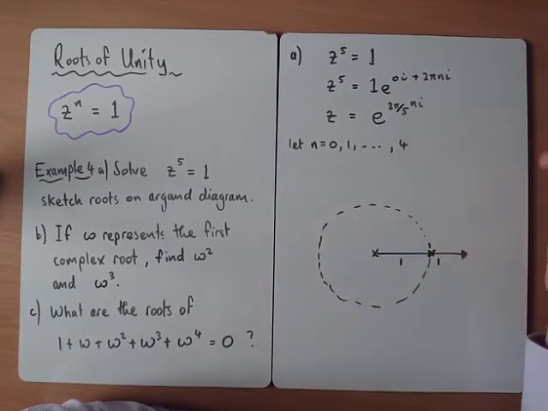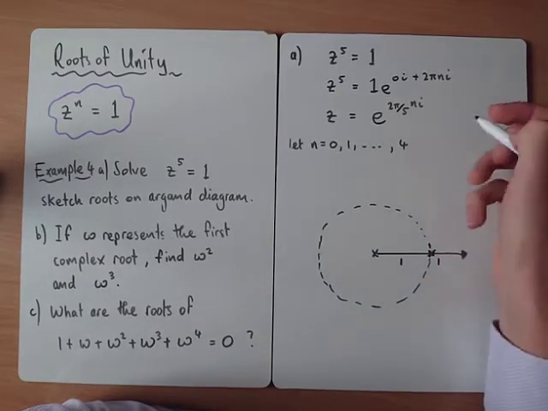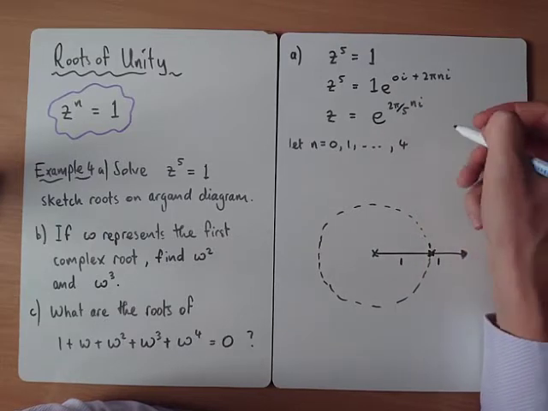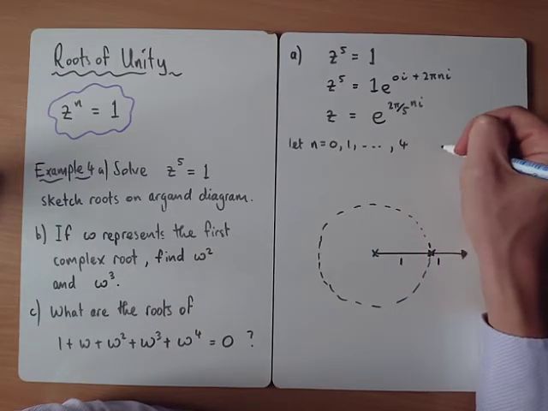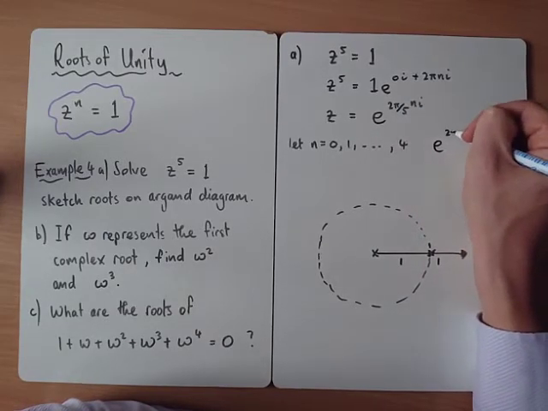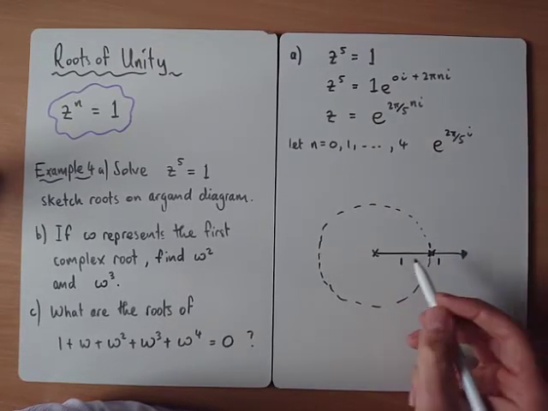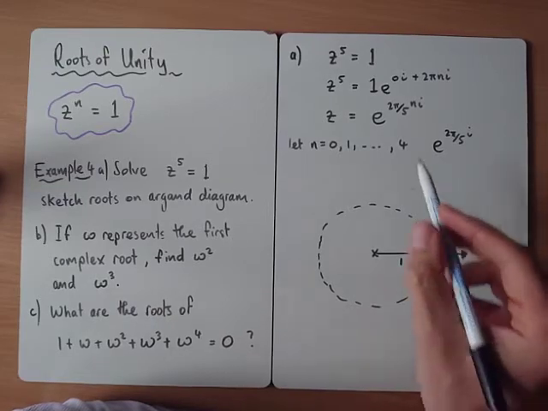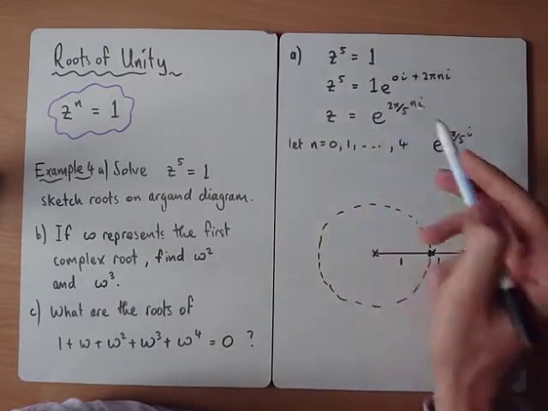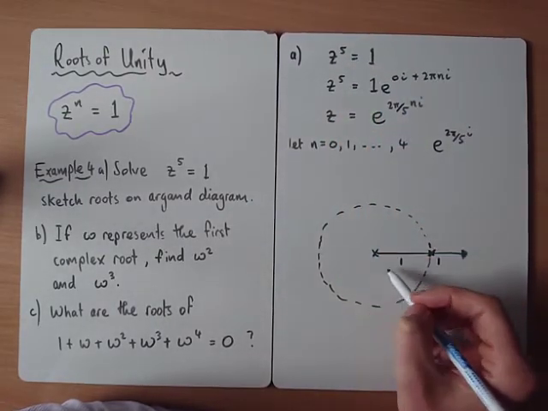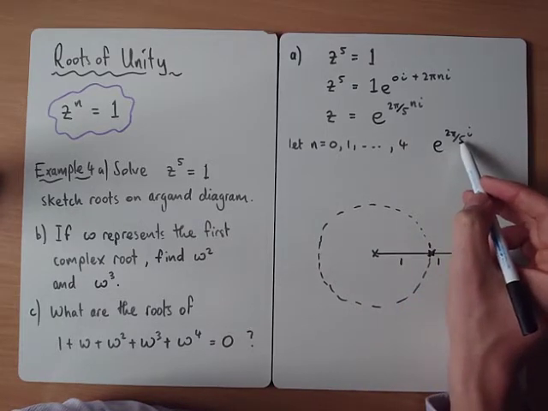The second root would be, if we sub 1 in, we'd get e to 2 pi over 5 i. Now if you think about it, there are 5 roots to this equation. One full circle is 2 pi. 2 pi over 5.